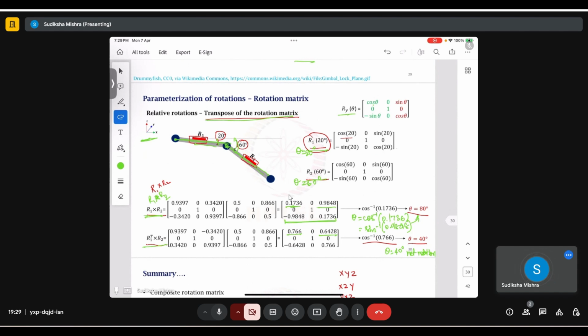If you look at the coordinate system here, these rotations happen about the y-axis. So you write the Ry theta matrix. In the first case theta is 20 degrees, in the second case theta is 60 degrees.